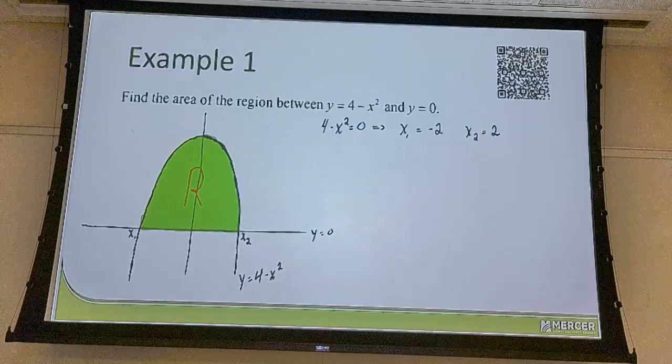Well, you know what the interval is, right? -2 to +2. Pick a point in there. The easiest number in that interval is 0, isn't it? Plug 0 back into each function. You get 4 and 0, right? Which one's larger? 4. So 4 minus x squared is your upper bound.